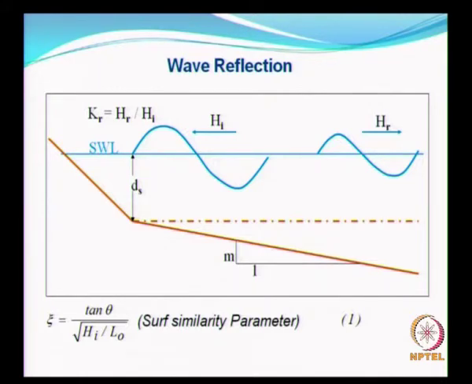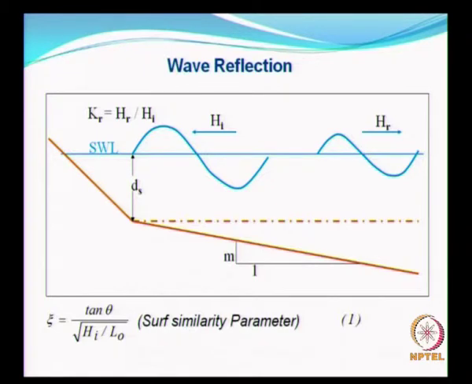So, this picture gives clearly the various variables that are associated with wave reflection. Kr is Hr by Hi, where Hi is the incident wave height and Hr is the reflected wave height. You look at the slope.